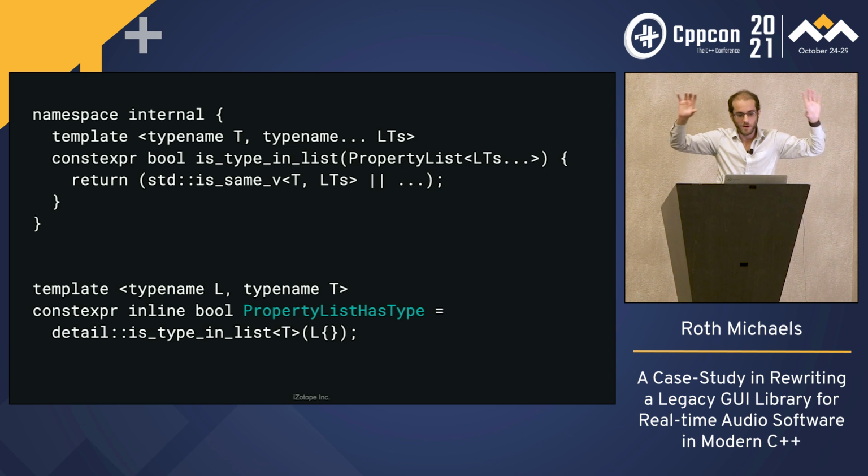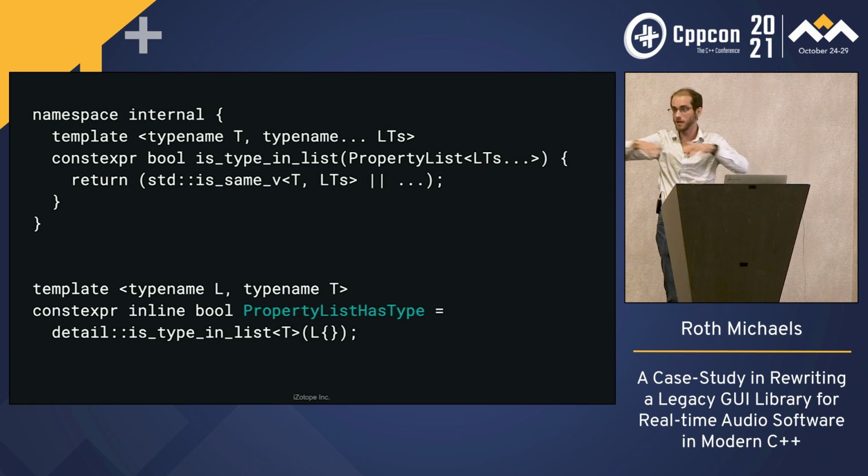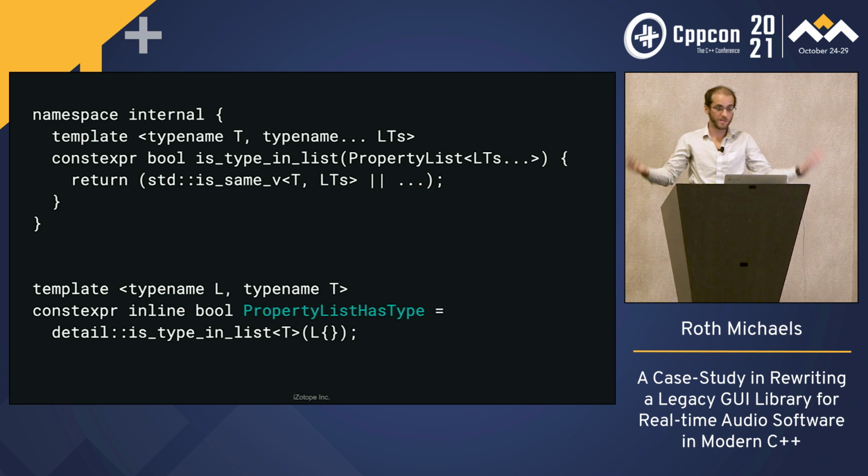And then we pass that into is same to see if T and the thing in the list are the same. And we're going to OR that with ..., which means call is same T on every one of the types in LT and OR them all together. And if one of them is true, it's in the list.